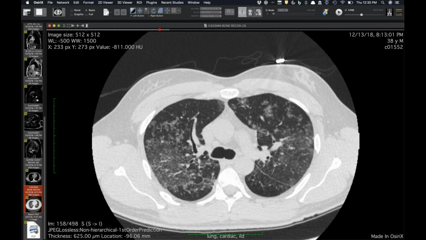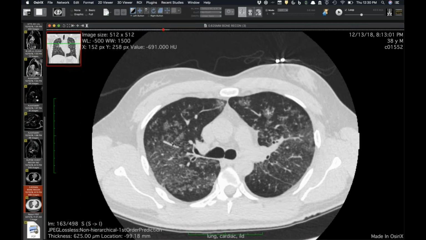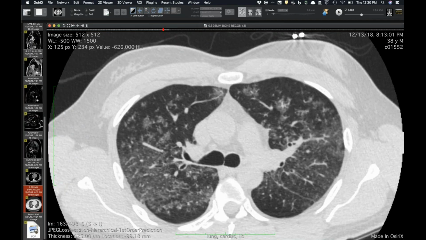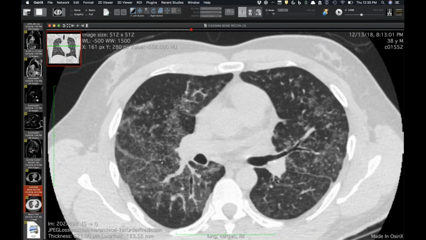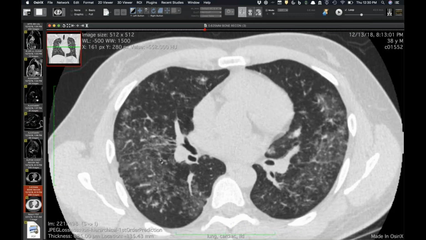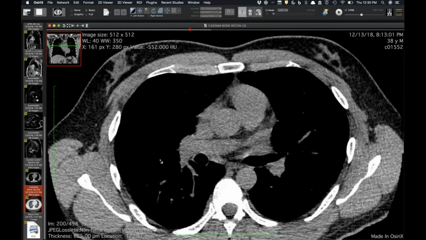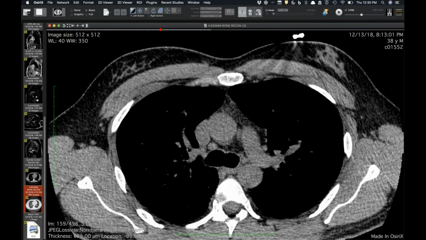It almost looks like they coalesce into ground glass, but if you zoom in, you can see that these are still tiny little granulomas, more of the so-called galaxy sign or galaxy configuration.